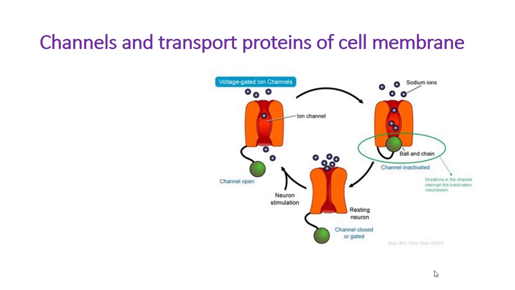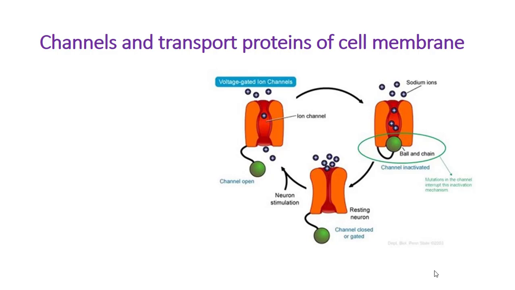We have got other types of proteins. We have got different mechanisms by which molecules can pass through the channel. These channels are for sodium, for potassium, for calcium, for hydrogen, and then we have got the sodium potassium pump and the calcium pumps. These are different examples of those channels.